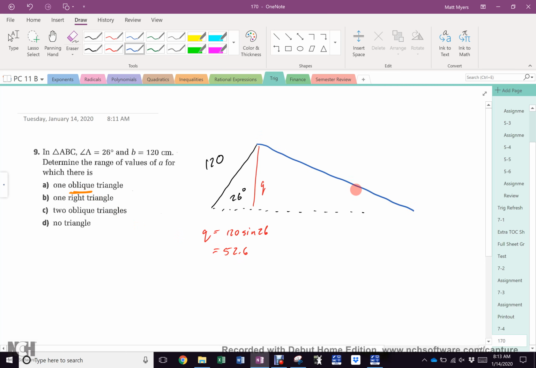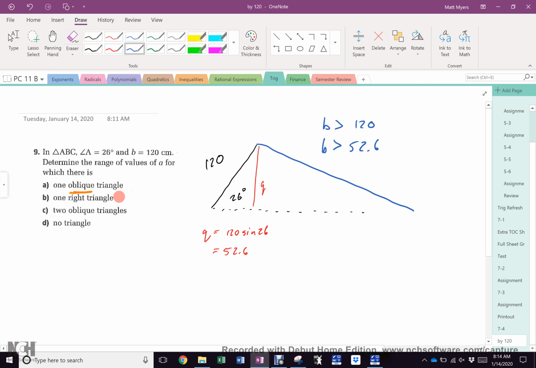If there's going to be a blue line out there, B has to be greater than 52.6, but also greater than 120, right? Not equal to, greater than. Everybody understands that, yes?